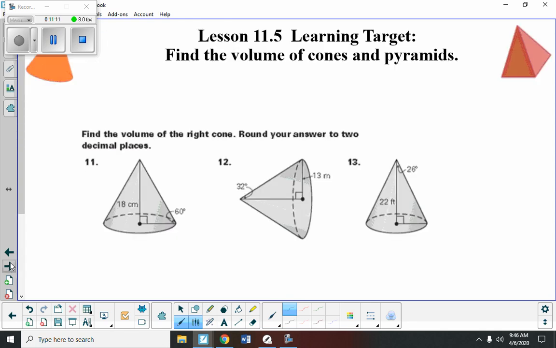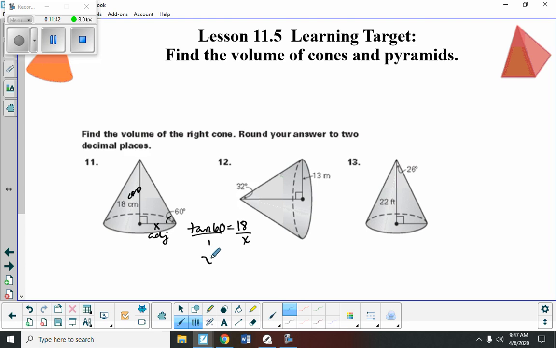All right, and then lastly, you're going to be finding the volumes of the cones. And here we still need a little bit more information. Like, we don't have the radius, but we do have a right triangle. And so if I call that x, I can use trig to find the value of x. Or you could use what you know about a 30, 60, 90 triangle. So this is your opposite of 60. This is your adjacent. So again, that will be tangent. So the tangent of 60 equals 18 over x.